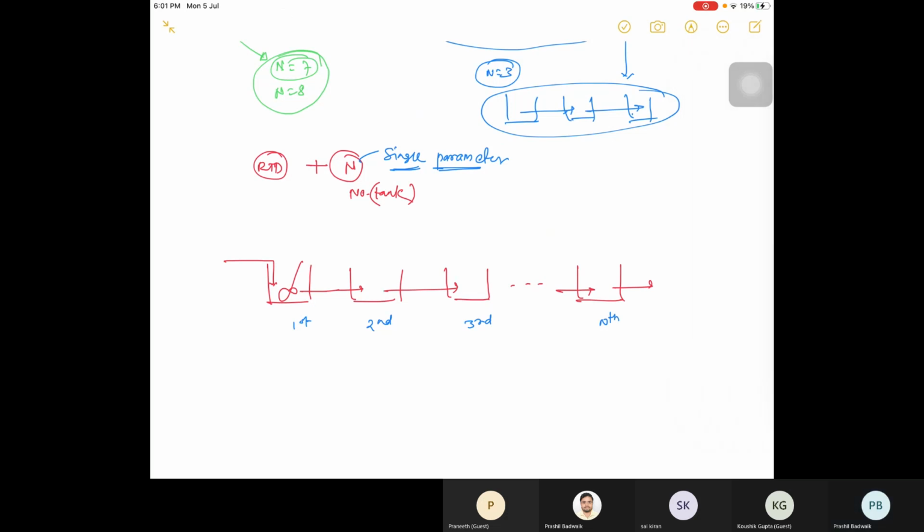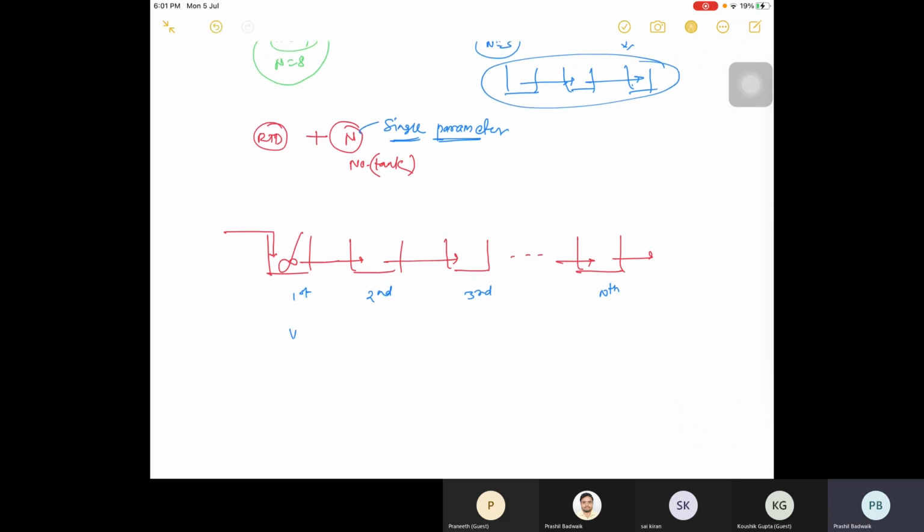And I'm considering here the volume of all tanks is equal. So you can say n number of equal tanks connected in series.